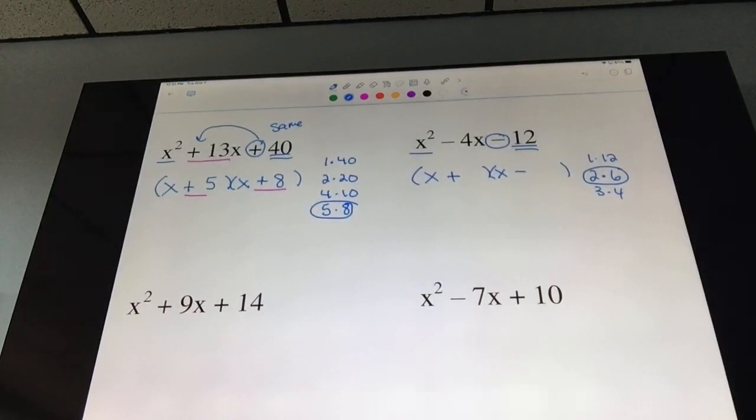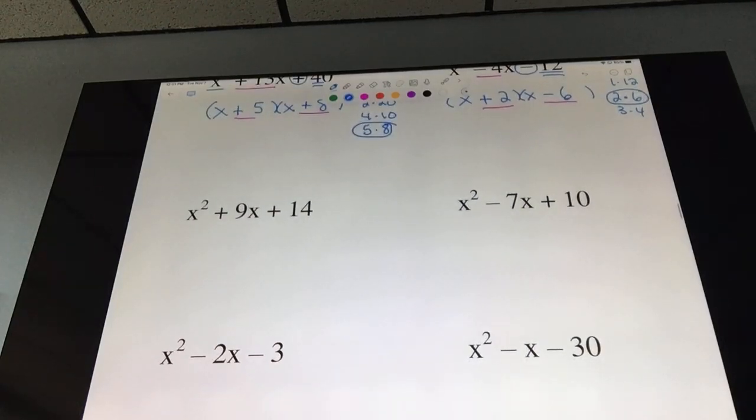And if I want to get a -4, that means the bigger number needs to go with the minus. So -6 and +2 give me -4. You're going to hate to hear this, but the way to get faster and better at factoring is by factoring, by doing the practice.